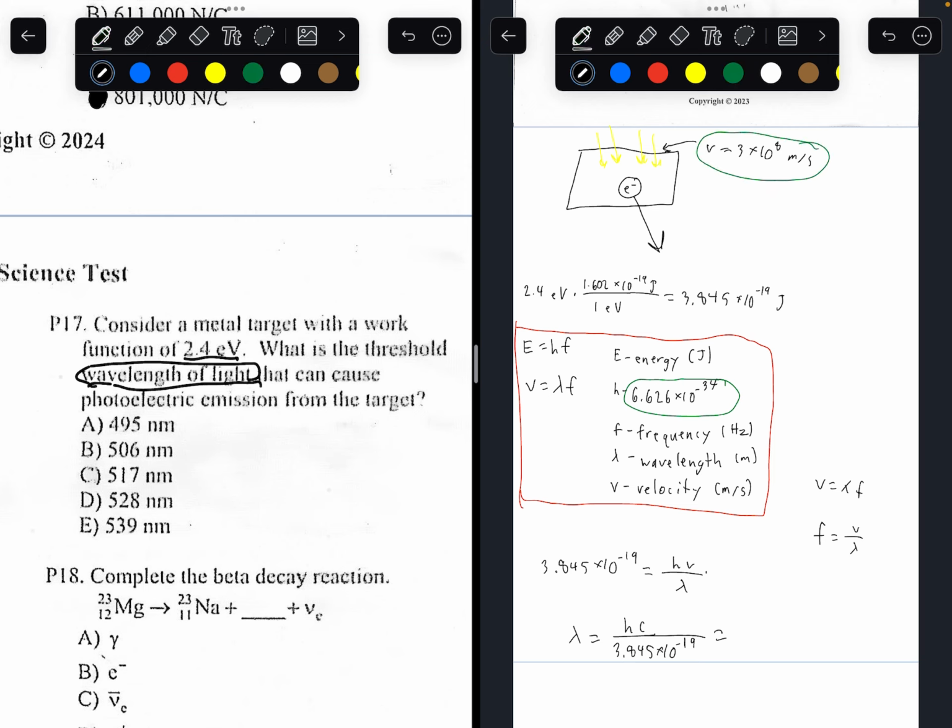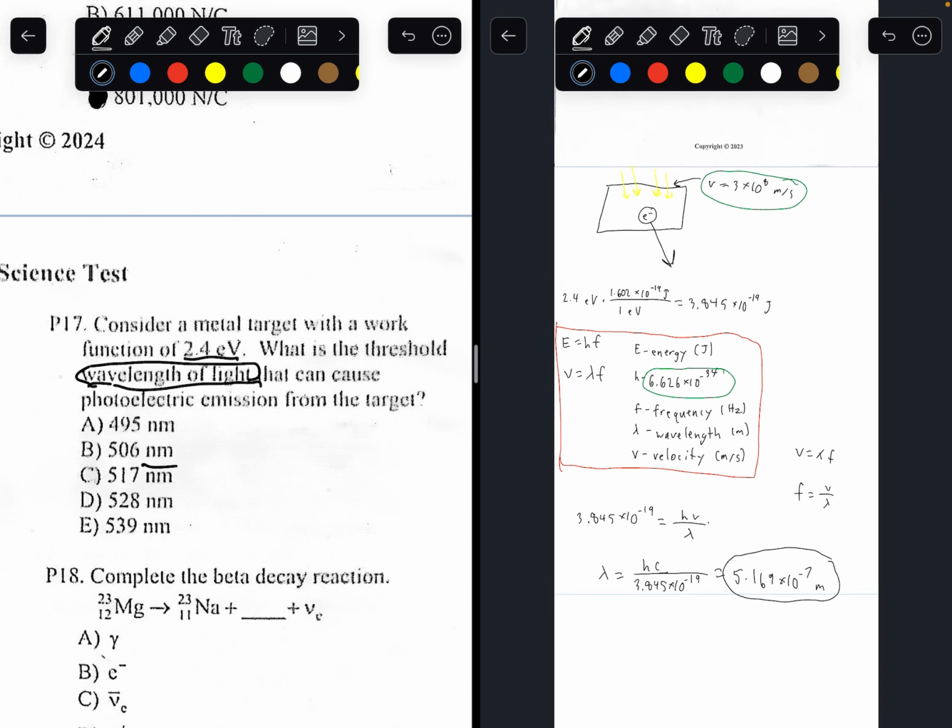Plugging those into this equation, you get a wavelength of 5.169 times 10 to the power of negative 7 meters. That's the wavelength you get.